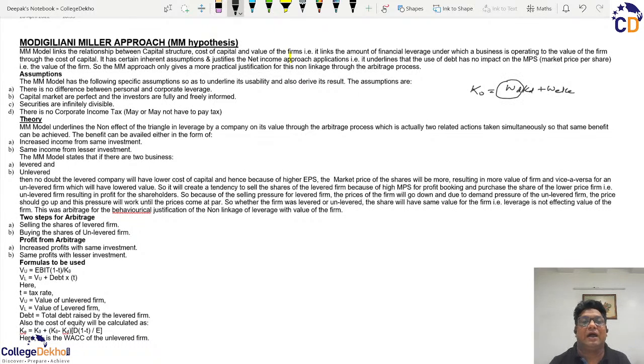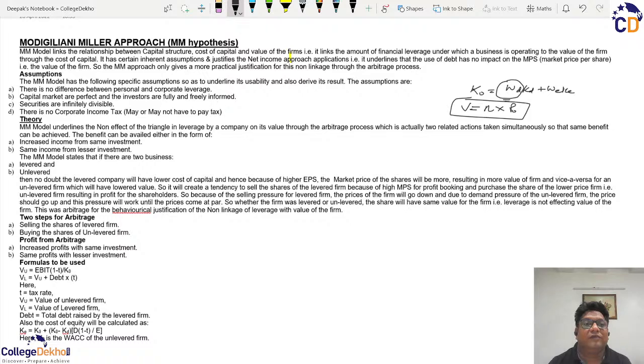It means high leverage denoted high WD. So we linked the capital structure decision with the leverage to the cost of capital and tried to ascertain its impact on the overall value of the firm, that is the number of equity shares into the market price of the share per unit.